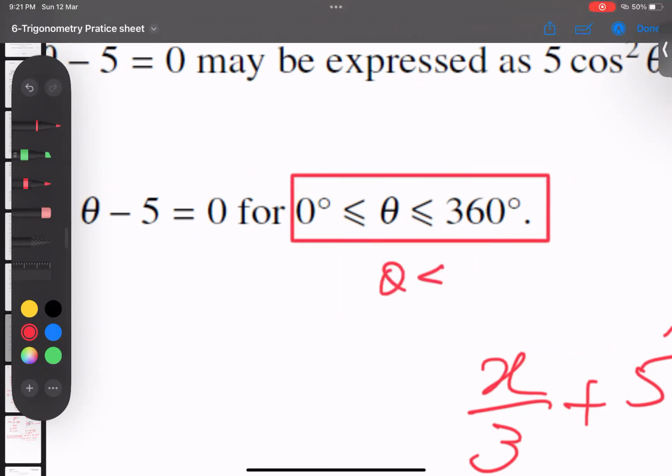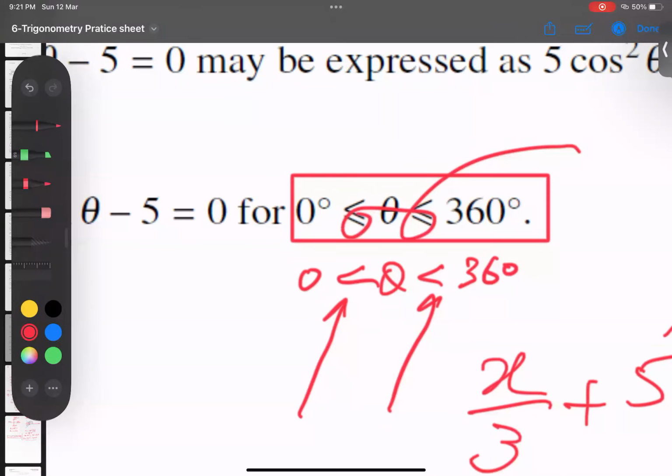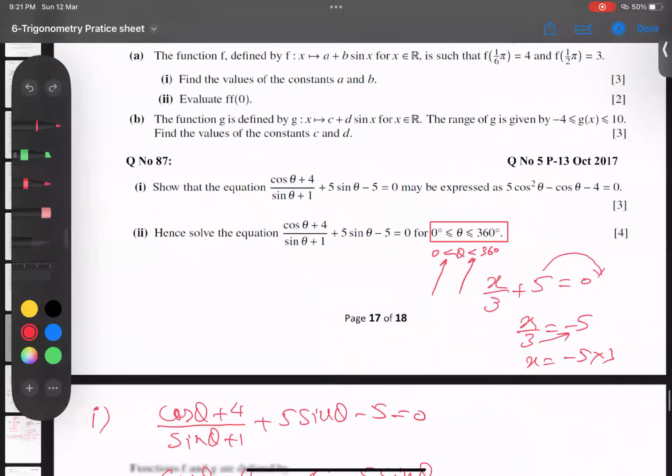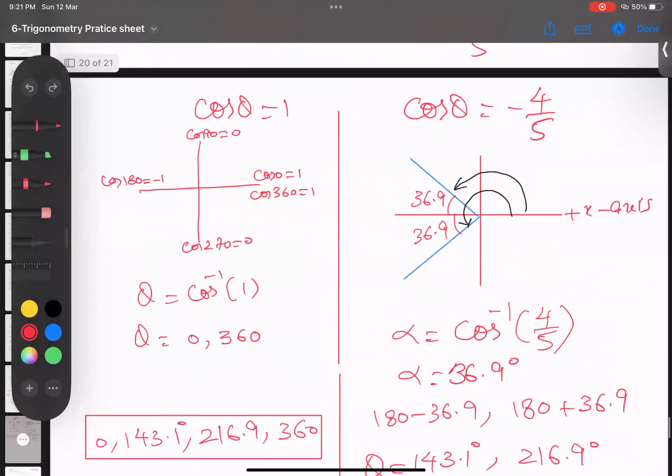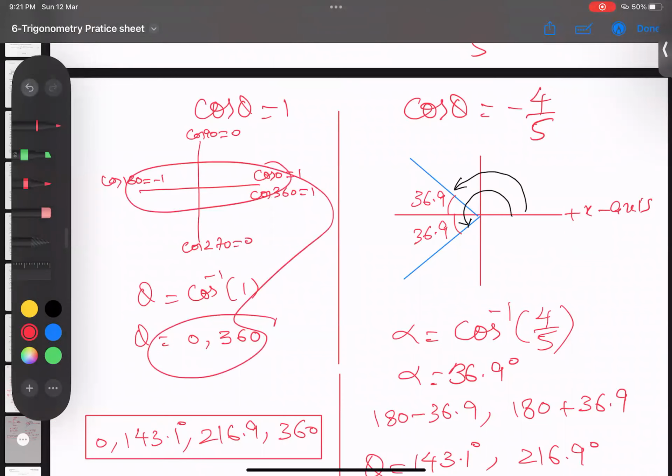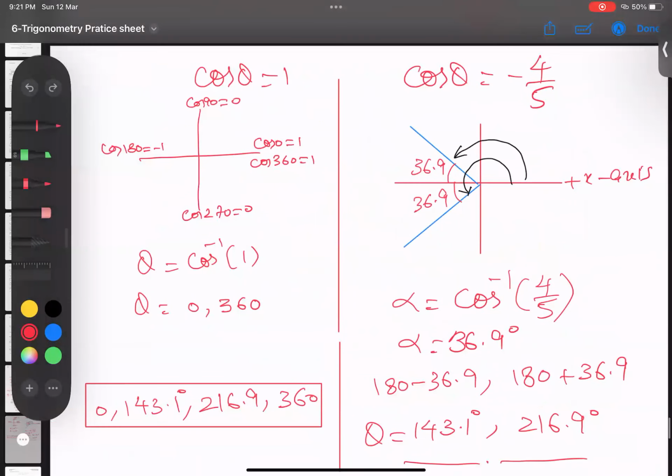Sometimes he gives you this kind of question. Look at here, there's no equal sign. Then 0 and 360, we can't take. But now because the equal sign is there, you can take 0 or 360. So that is why I found 2 answers from here. I hope the point is very, very clear and the question is completely over.